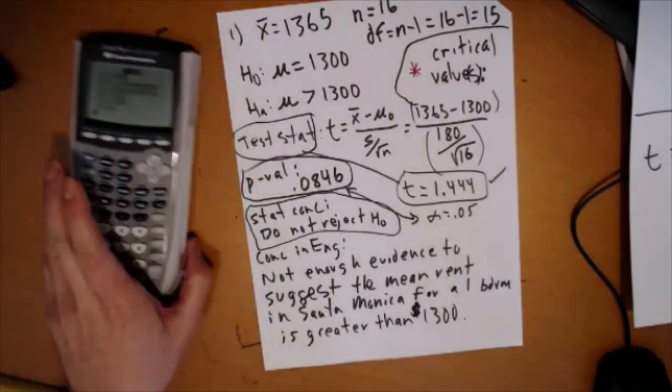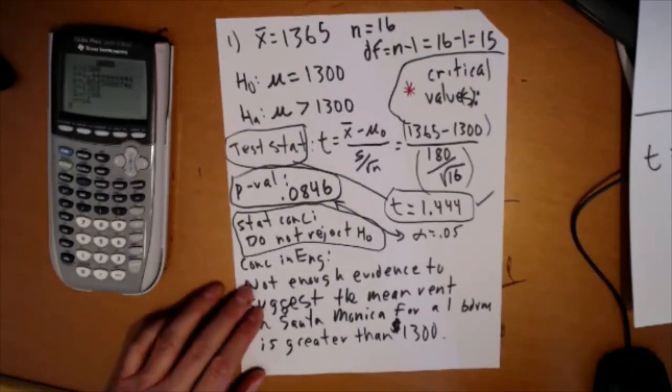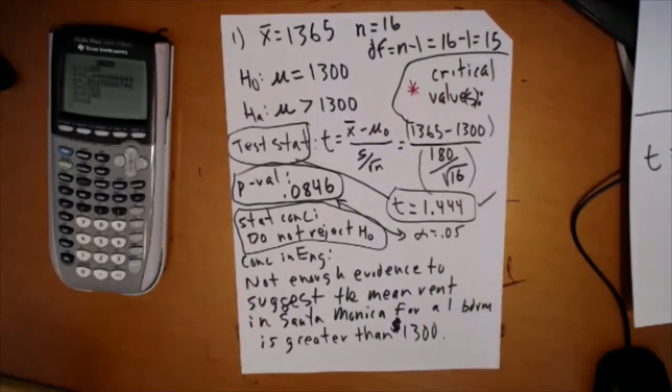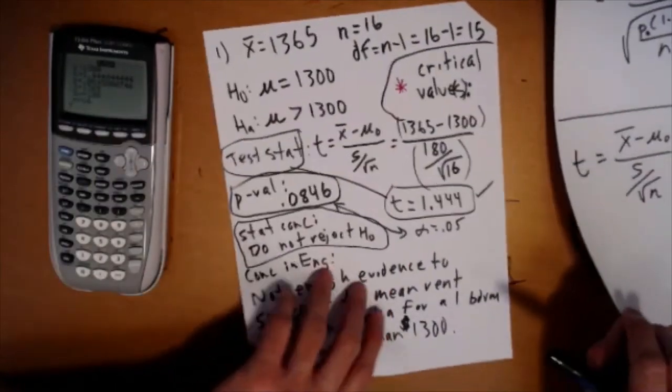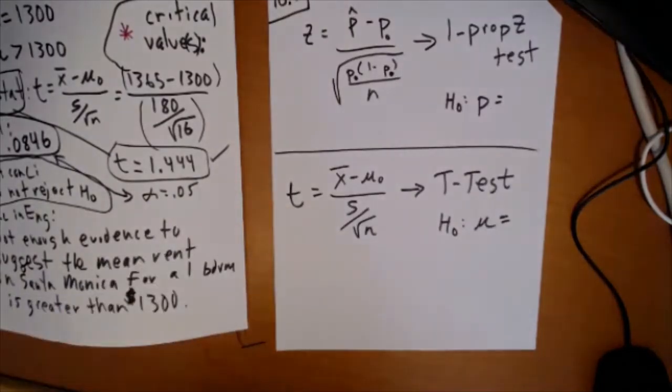Okay, so hopefully you see just how similar this is to what we were doing when we were doing hypothesis tests with proportions. So we still need to do our critical values. Let's go back to, I'll save a piece of paper over here.